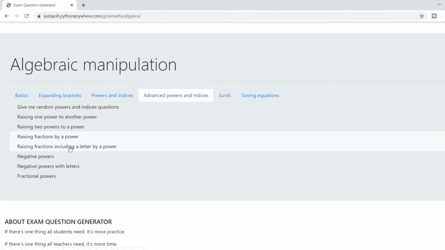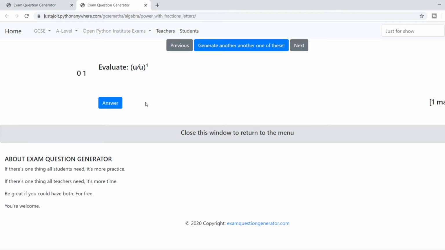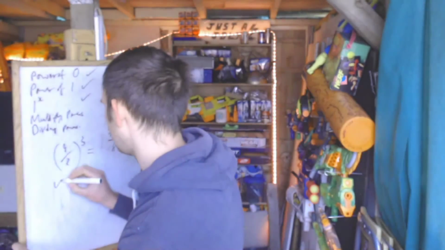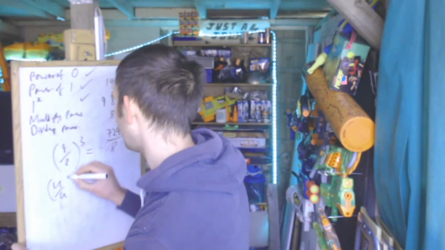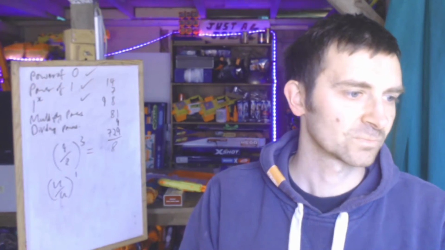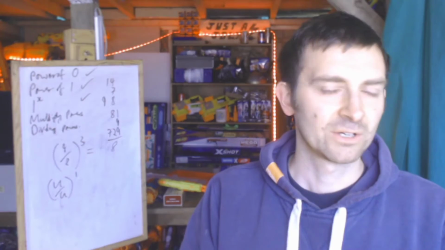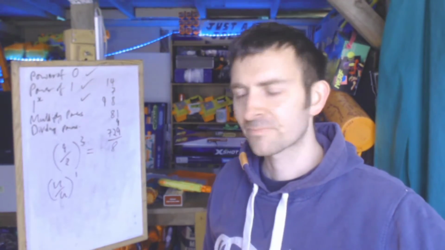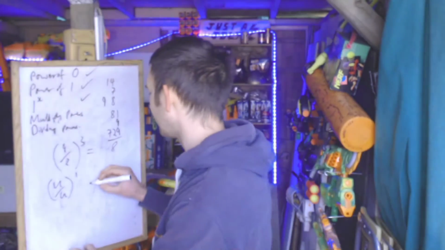So raising fractions including a letter by a power. Okay, so let's write that out. So u over u, all of that to the power of 1. Well, in the case of letters, it's actually pretty simple.